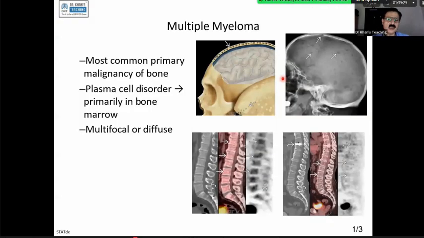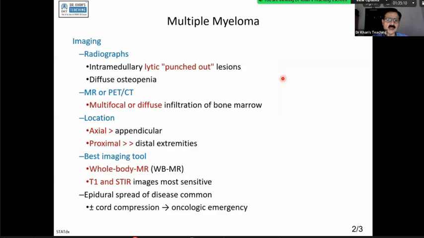Now, here comes, multiple myeloma is the most common primary bone tumor. Remember this. And it can be multifocal, it can be diffuse. Now, the imaging, this is what I was talking about, that bone scan is not sensitive for multiple myeloma.